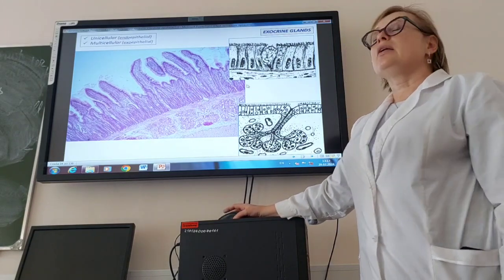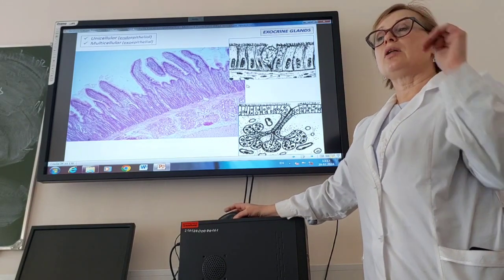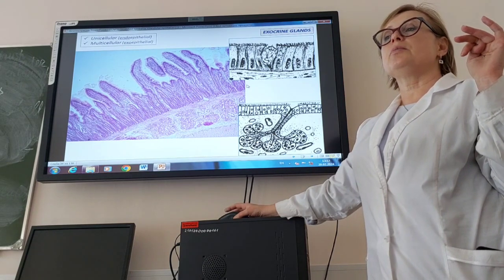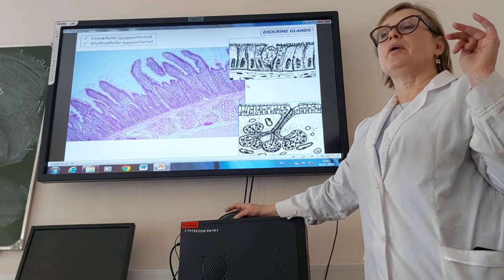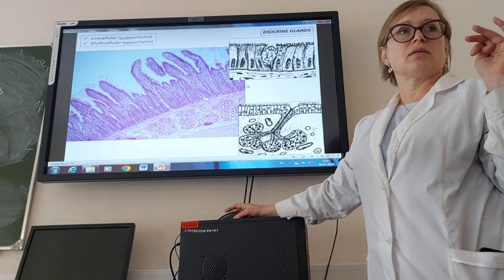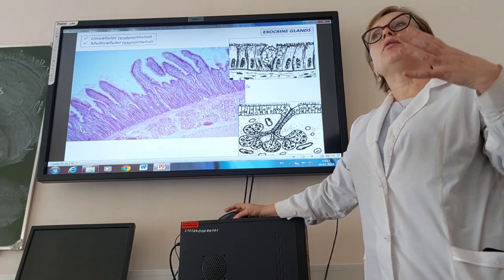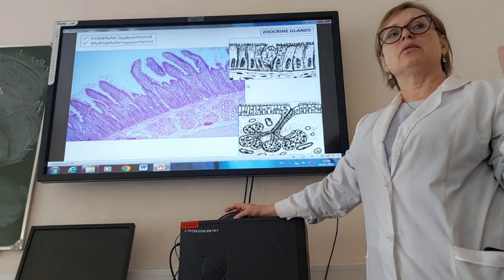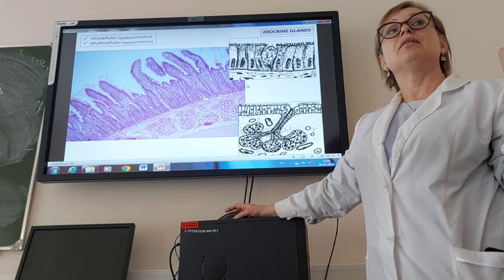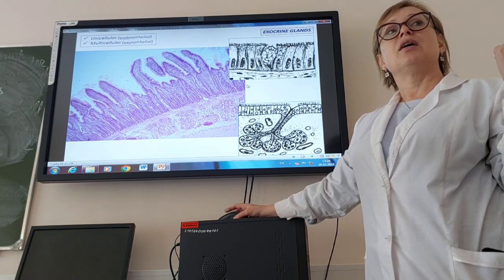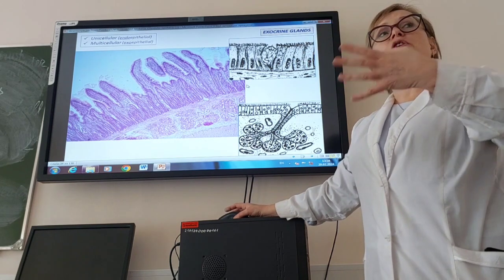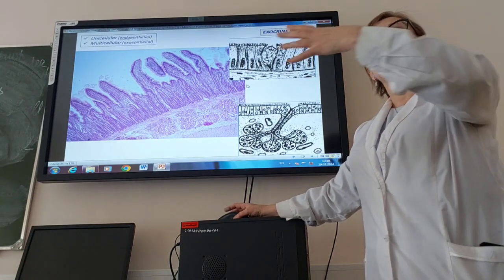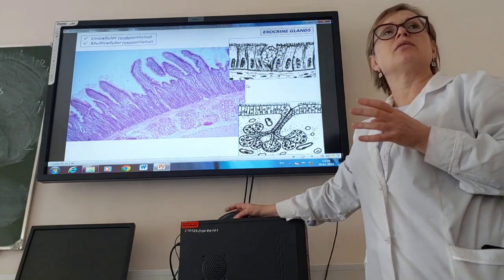And in case of the last class, when we consider simple epithelium, we can see goblet cells. Goblet cell will be exocrine or endocrine? Where they release secretion, into the bloodstream or into some space?